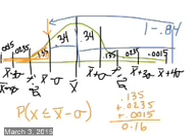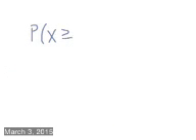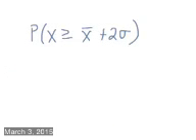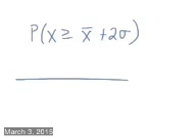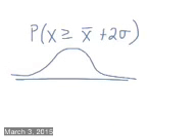Number 4 says the probability of x being greater than or equal to x bar plus 2 sigmas. So on the bell curve, my mean is here, 1, 2 standard deviations away.